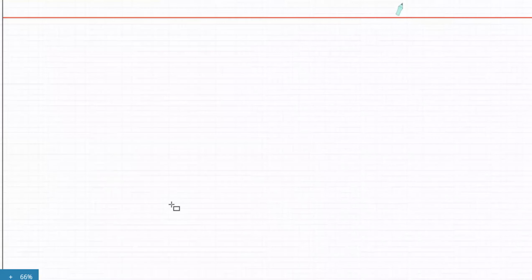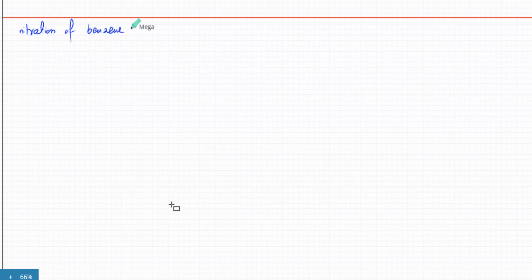This one is called nitration of benzene. Nitration is when the electrophile, which in the previous case was Cl2 or Br2, is now going to be NO2 plus.